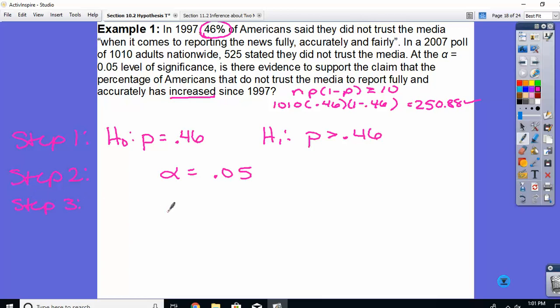So my z. We need some things before we can plug into that formula, don't we? What is my p hat that I observed in this? We had 525 out of the 1,010.